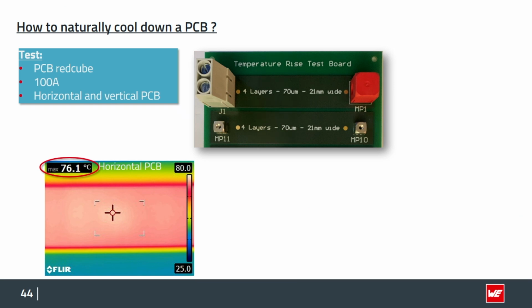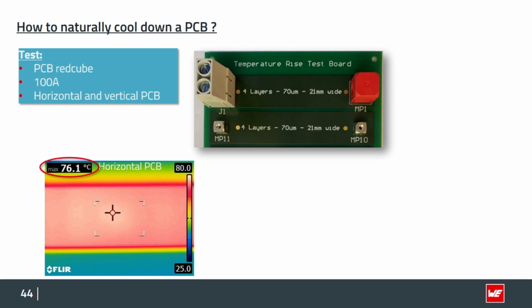Yeah, we have a 4-layer with a 70 micron thickness, and the trace was 21 millimeters wide. So we run 100 amps over this, and it got warm, of course. This was to be expected. And now you can see in a horizontally placed type, we achieved 76 degrees, about that.